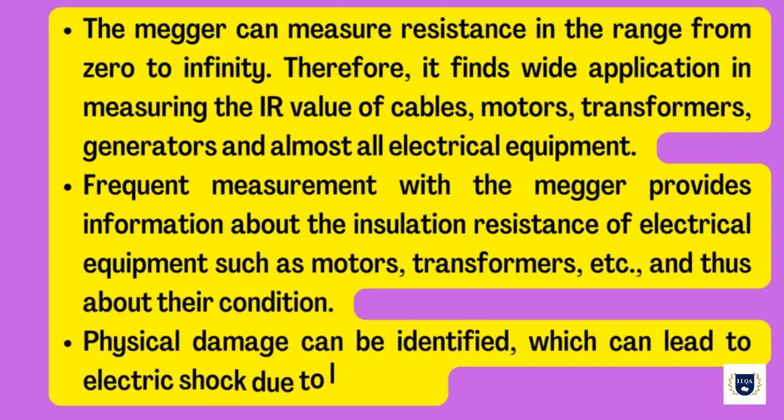Frequent measurement with the Megger provides information about the insulation resistance of electrical equipment such as motors, transformers, etc., and thus about their condition. Physical damage can be identified, which can lead to electric shock due to leakage.